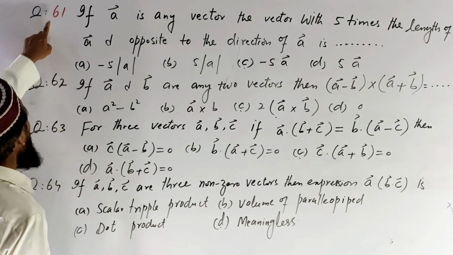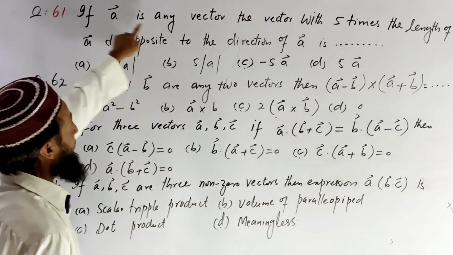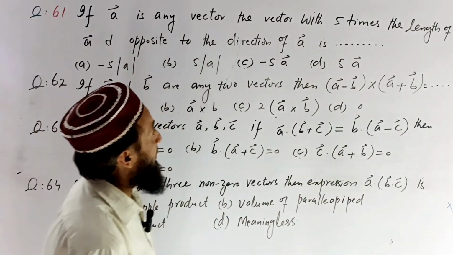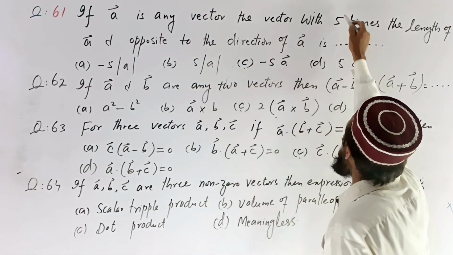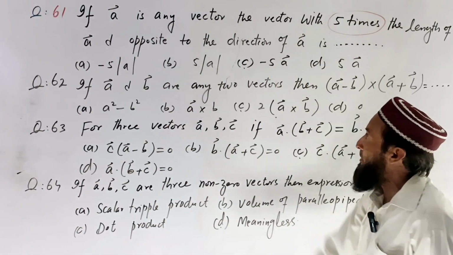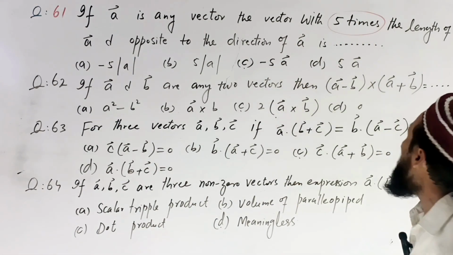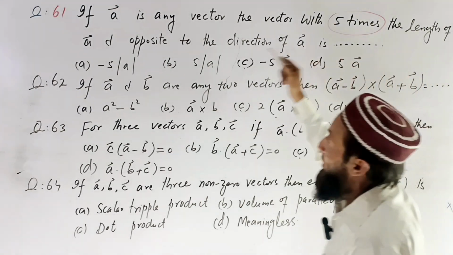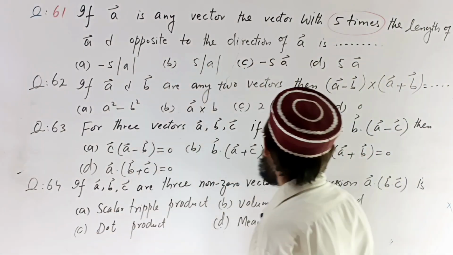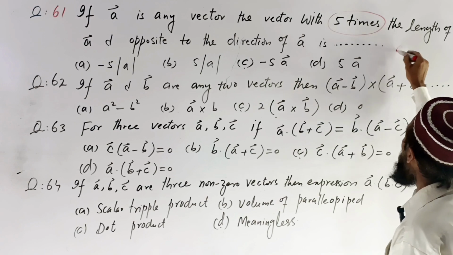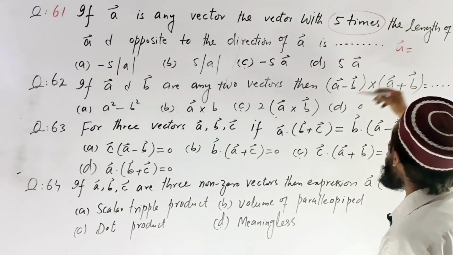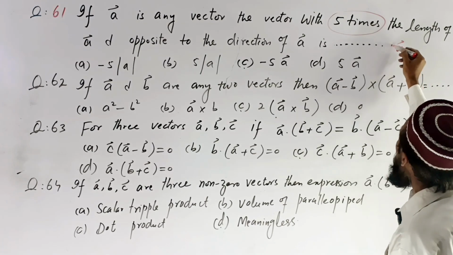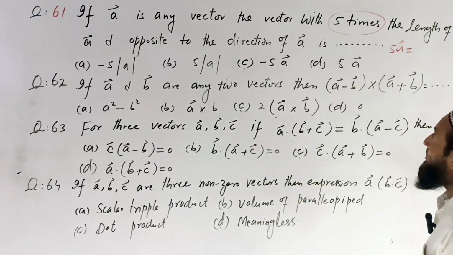Question 61: if A is any vector, the vector with 5 times. 5 times means that 5 is multiplied by that vector, the length of A. For example, A is given, and if we take 5 times, we can write 5 times of that one.